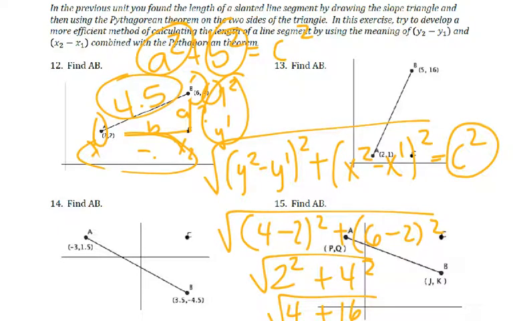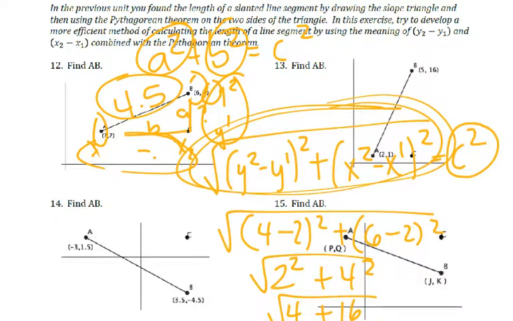Okay? So what this is trying to do here is pull in that idea of the Pythagorean theorem and the distance formula. The distance formula is actually this guy, and it's based off the Pythagorean theorem here. Okay? So if we use this concept, let me write it again.